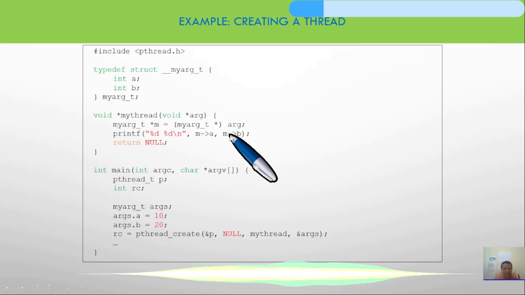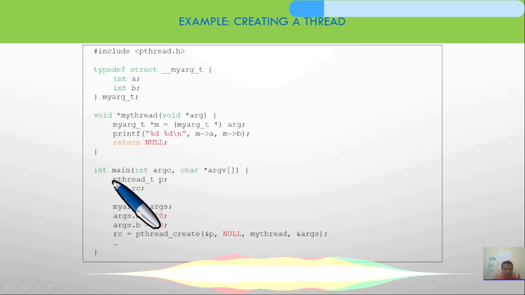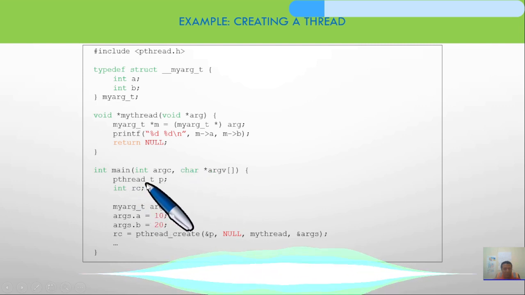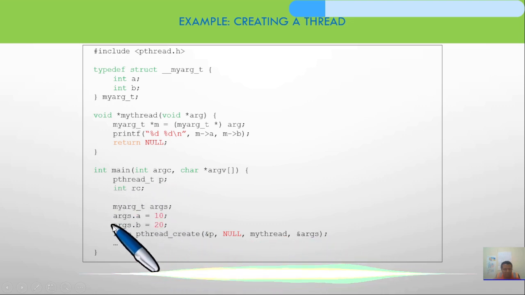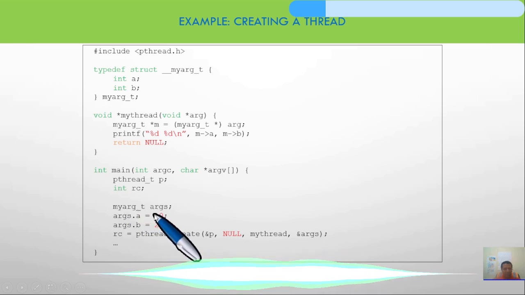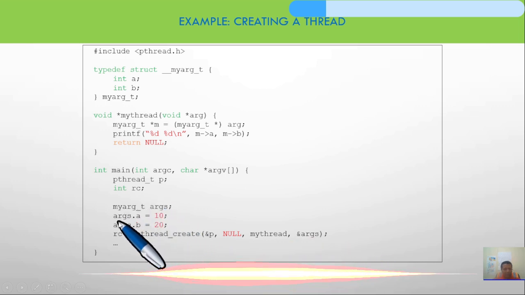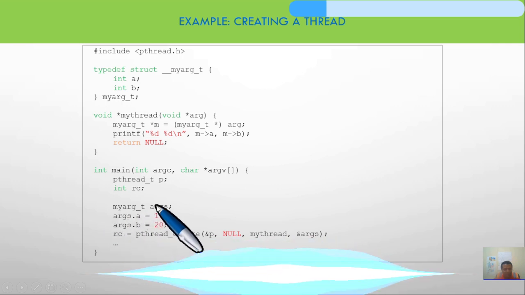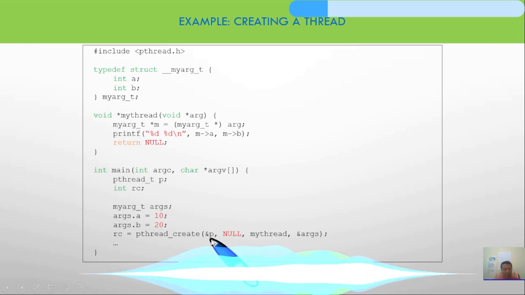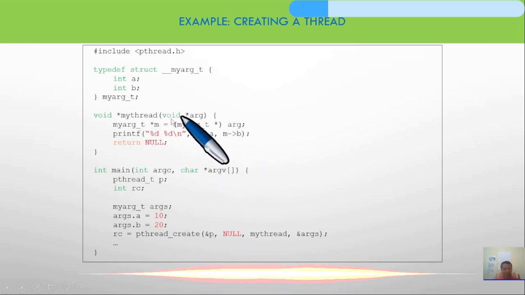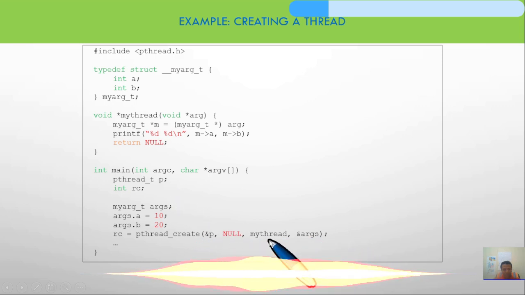In the main function, int argc and argv, we have pthread_t p and a myArgT arg. We set arg.a to 10 and arg.b to 20. Then pthread_create with the pointer p, NULL, myThread, then the arg.